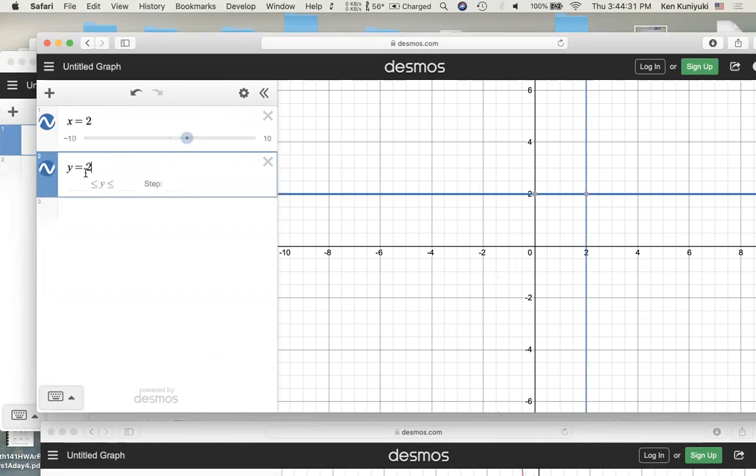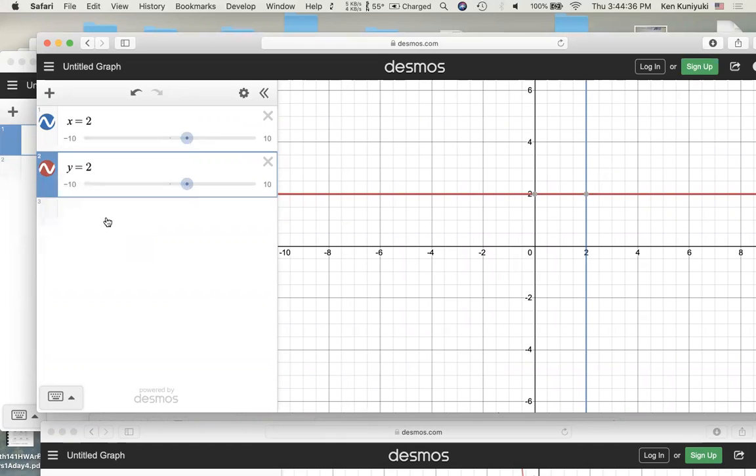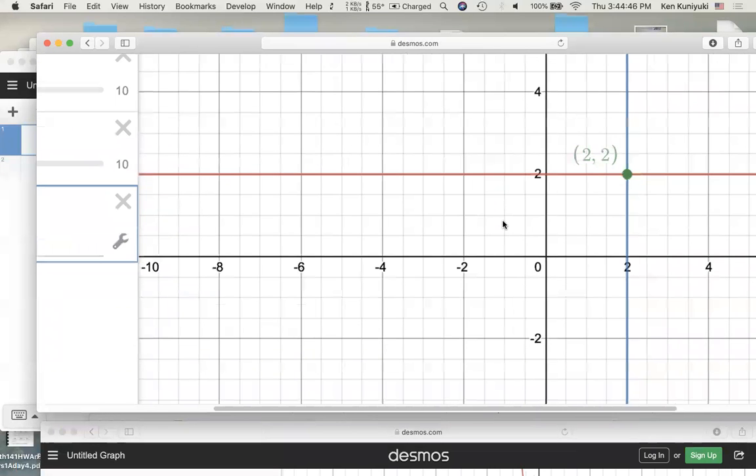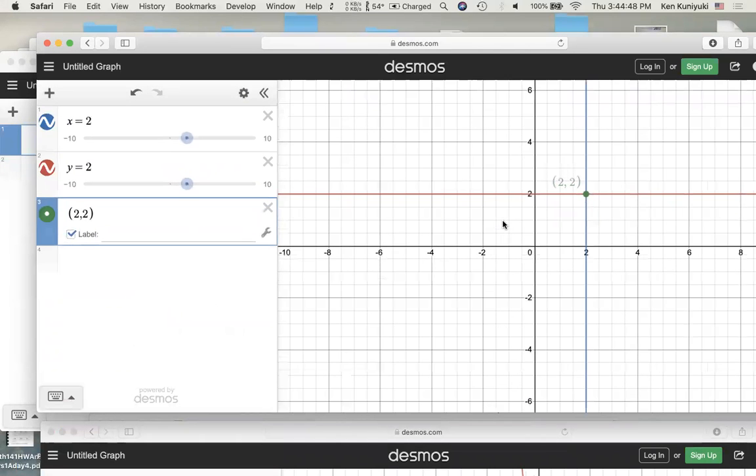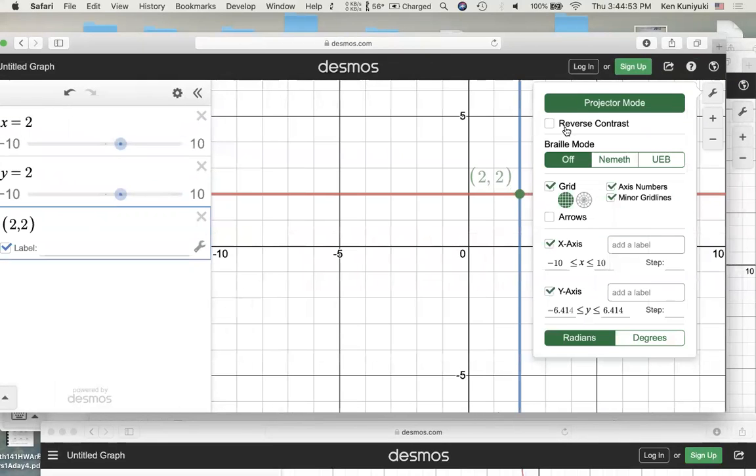We have y equals 2 in red. And they intersect in the point (2, 2). And I'll label it. By the way, you can zoom in or zoom out. Or it might help also to go to projector mode over here. That makes things a bit clearer.